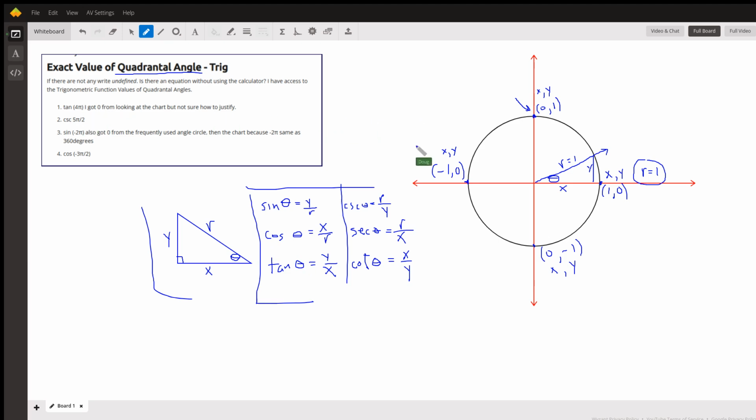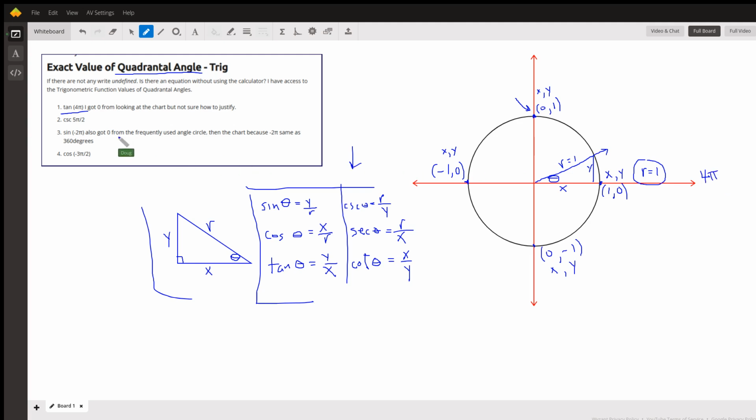So once you've got this picture in mind and these values, it's just a matter of locating where the terminal side is. So 4 pi means we rotated around 2 pi and then another 2 pi. So we ended up over here.